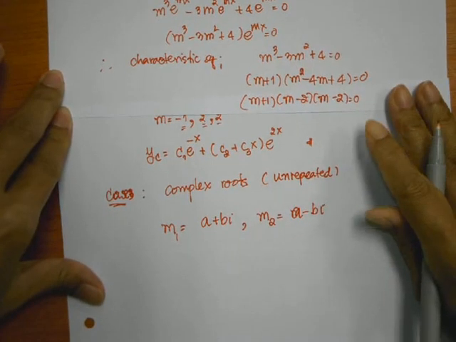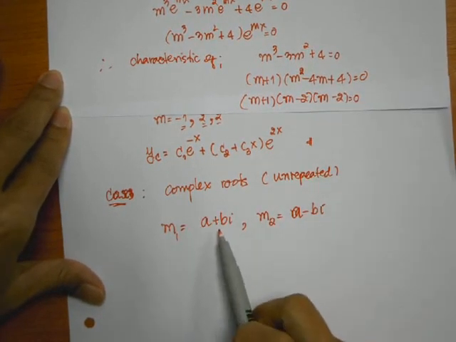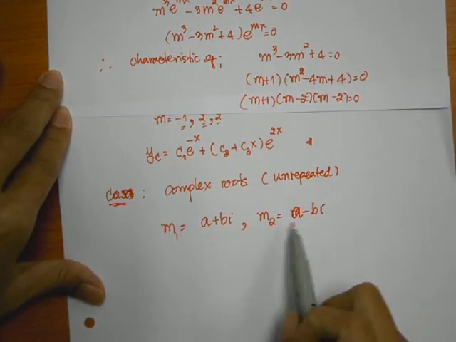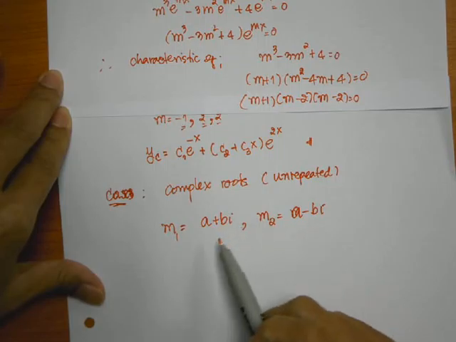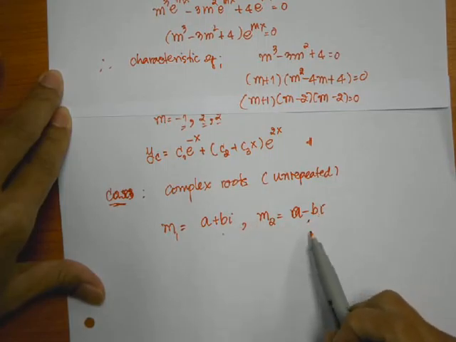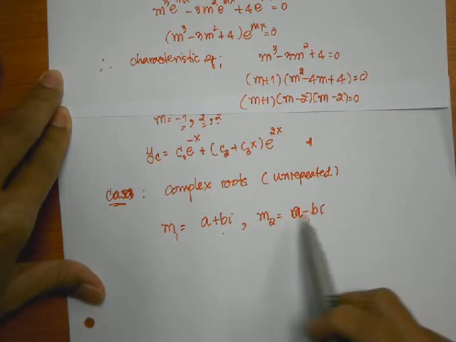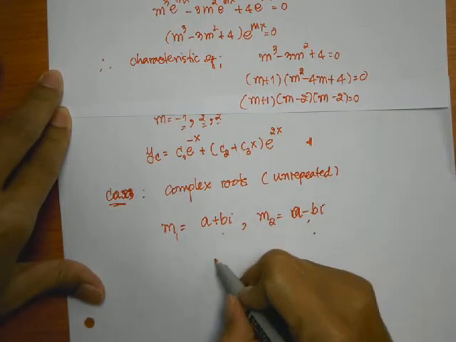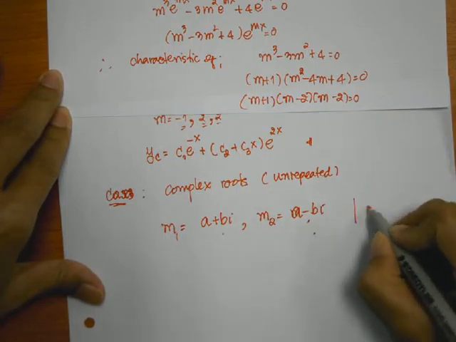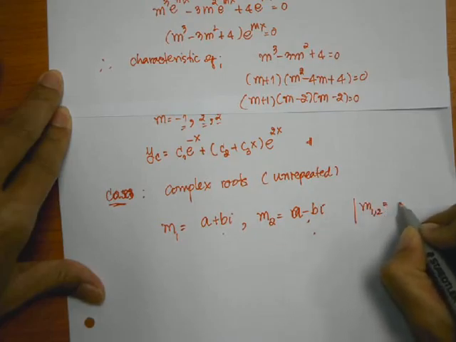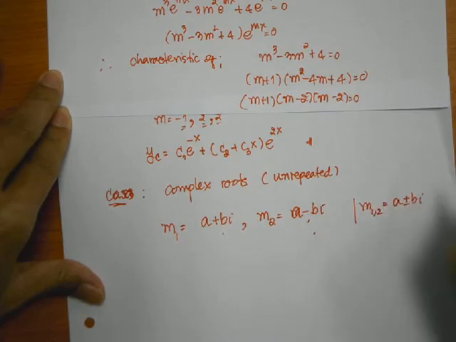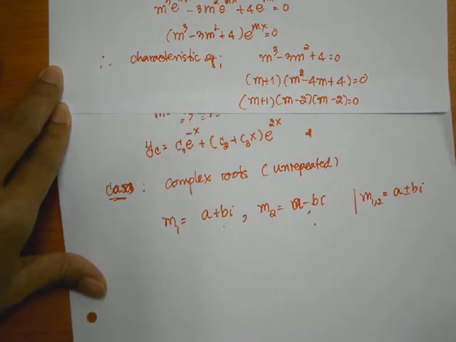For the complex groups, it always comes two together, itself with the conjugate of it. So when you write it down, you might write m1,2 is equal to a plus minus bi.